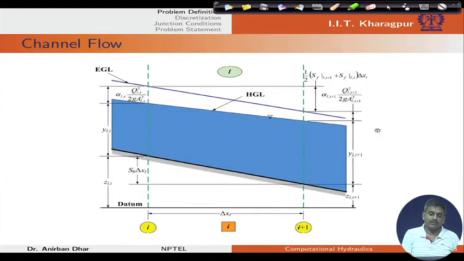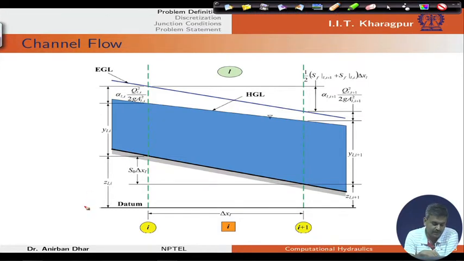So, for channel flow we have this general structure. We have our elevation head, flow depth, and in this case velocity head or kinetic energy head.